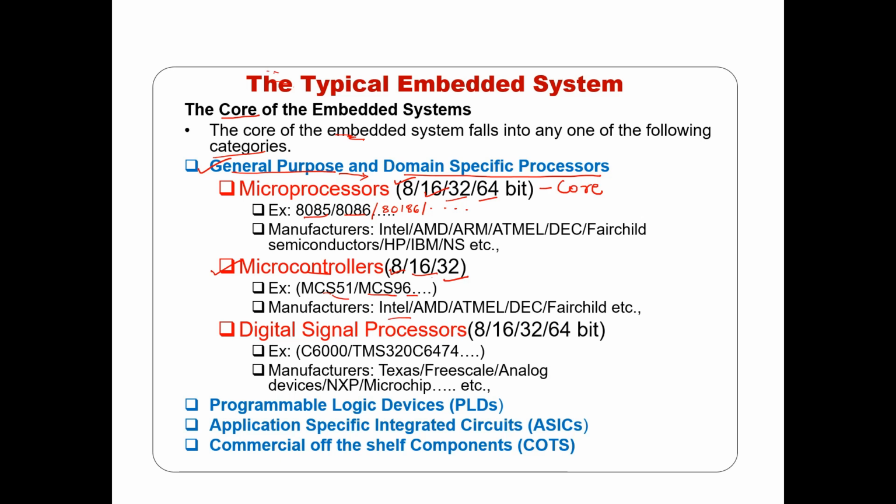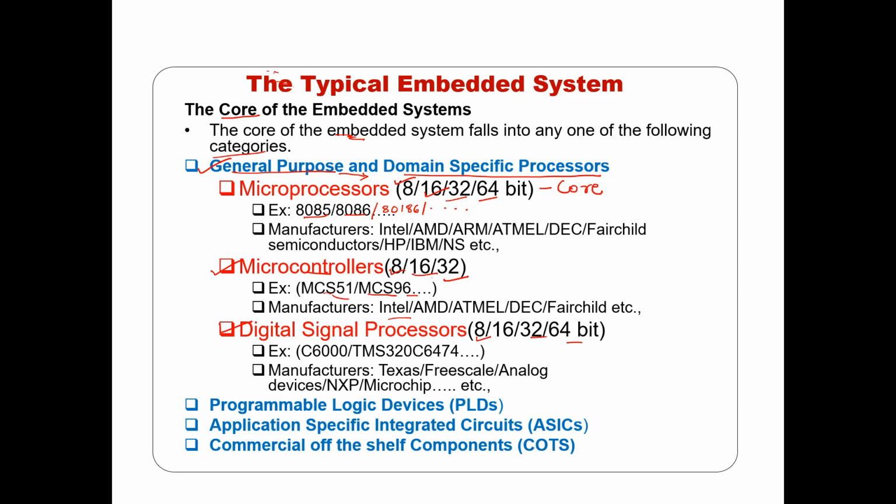If the core is designed with another type of processor, the digital signal processor, then it is termed a domain specific processor core or domain specific embedded system. The digital signal processor is used specifically to process signals. The core can be 8-bit, 16-bit, 32-bit or 64-bit.